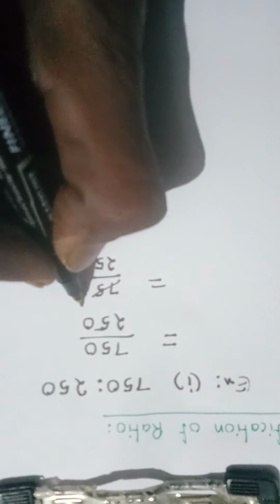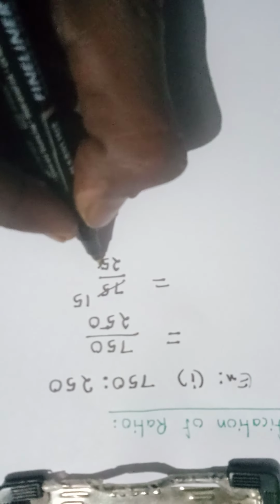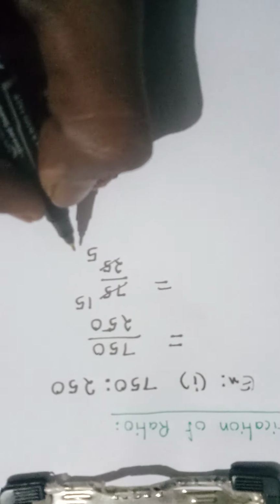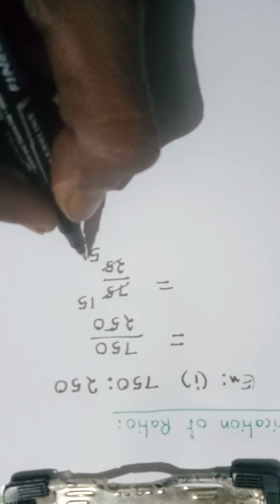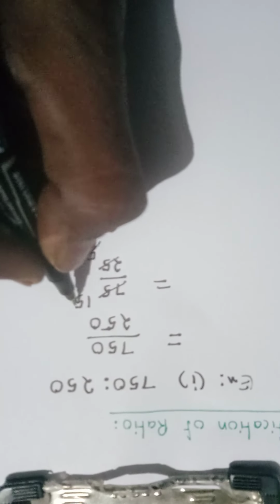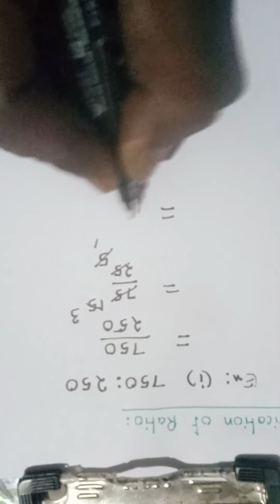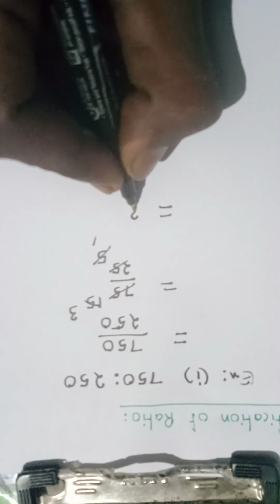Again 5 is a common factor in the 5 table, dividing both of them: 5 15s are 75, and 5 5s are 25. And again 15 and 5 we divide by 5: 5 1s are 5, 5 3s are 15. So finally we get 3 by 1, that is nothing but 3 is to 1.